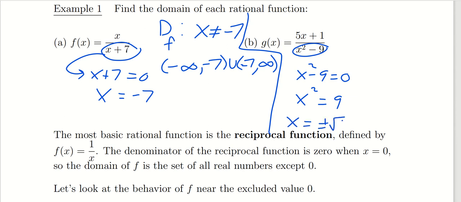Remember, when you take a square root of both sides, you have to have the plus and the minus. So we get two values here: plus and minus 3. Those are the values that would give us a division by 0. So the domain of g is all values of x except -3 and +3.